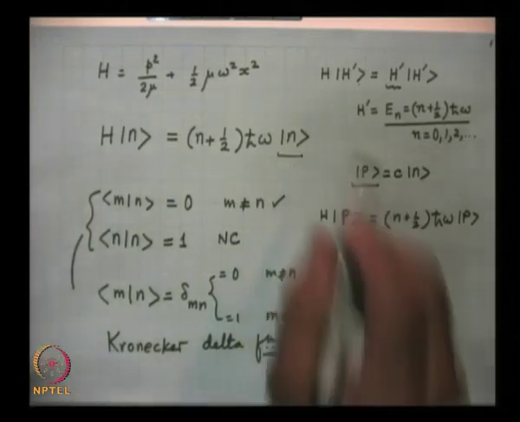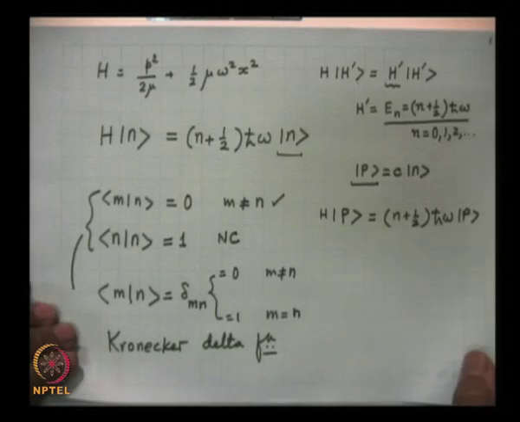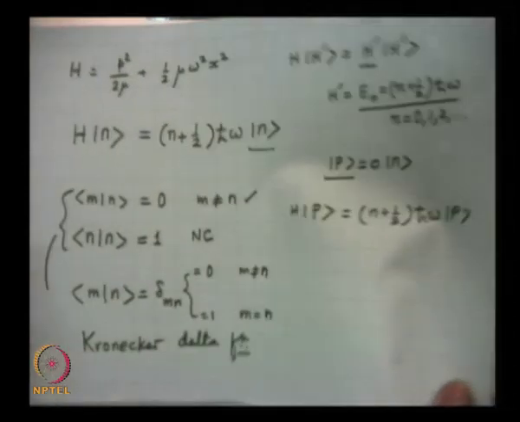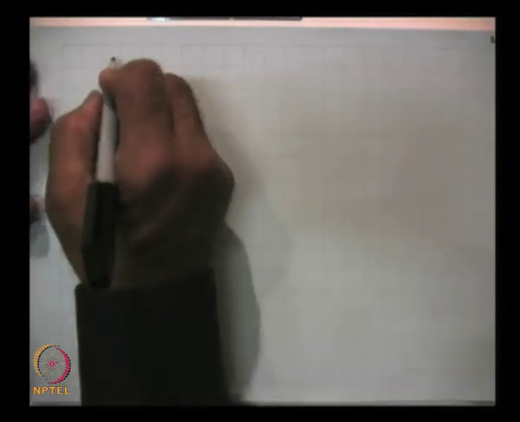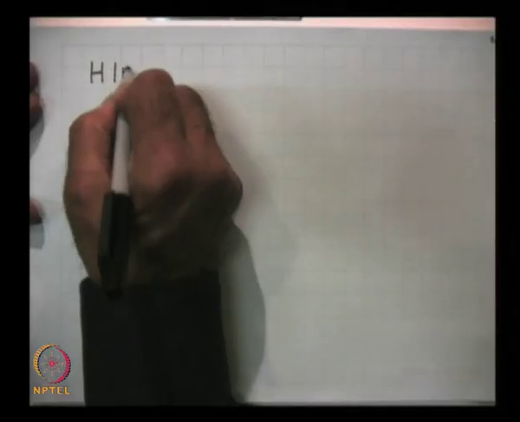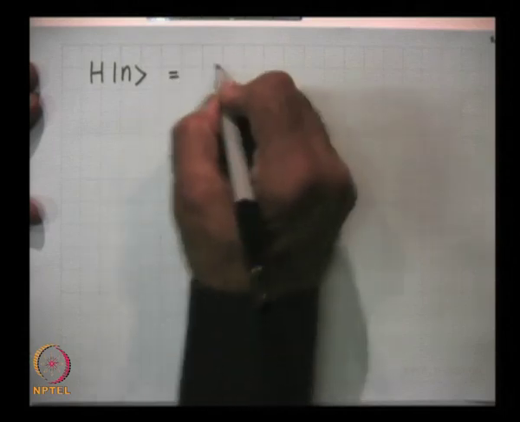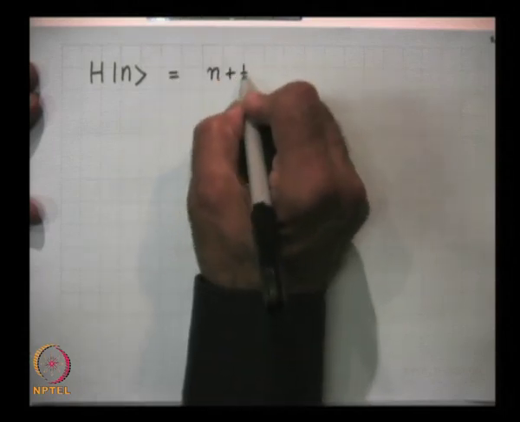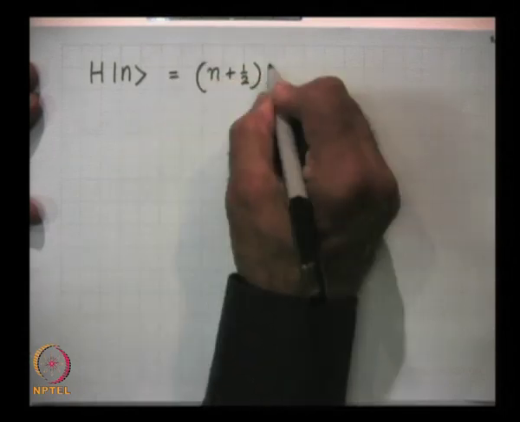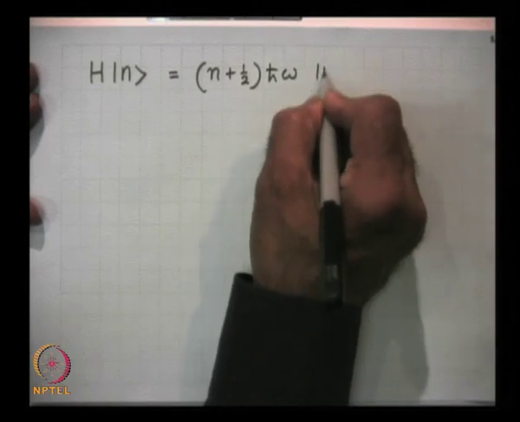Okay. So, these are the eigenvalues and eigenkets of the operator h. Now, I rewrite this equation. So, I have h ket n is equal to n plus half h cross omega ket n.